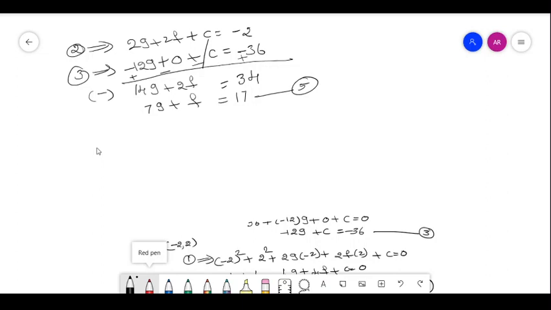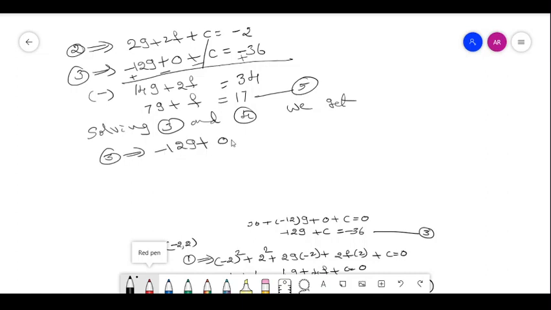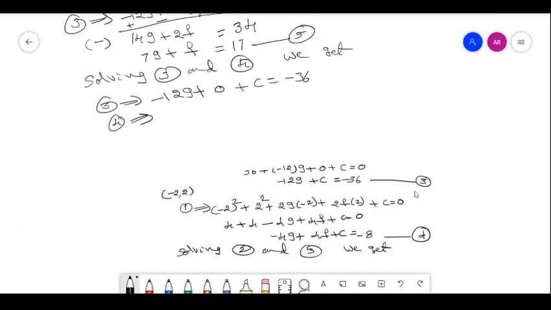Next, by using 3 and 4, solving 3 and 4, we get: the third equation is minus 12g, there is no f term, so that is 0, plus c is equal to minus 36, and the fourth equation is minus 4g plus 4f plus c is equal to minus 8.